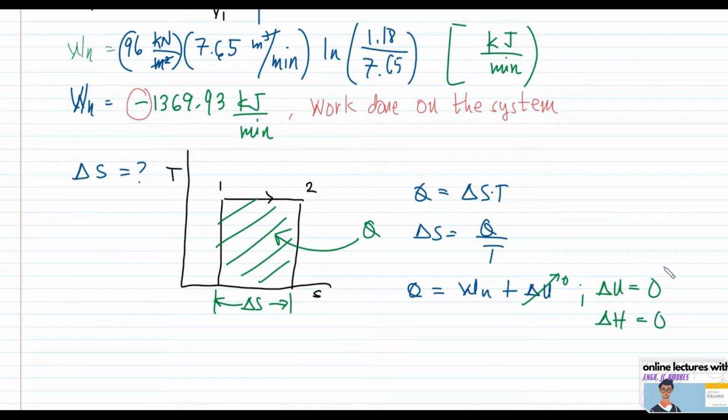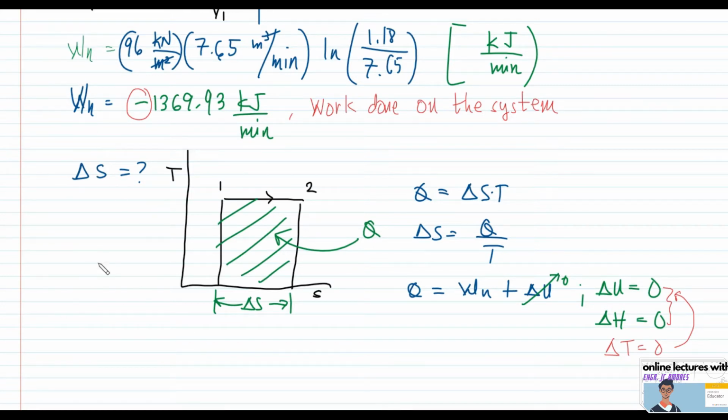Remember that the formula for delta U is mCv delta T, and delta H is mCp delta T. But since delta T is 0, these two would also be 0. So Q is equal to the non-flow work, and we know that the non-flow work is equal to negative 1369.93.